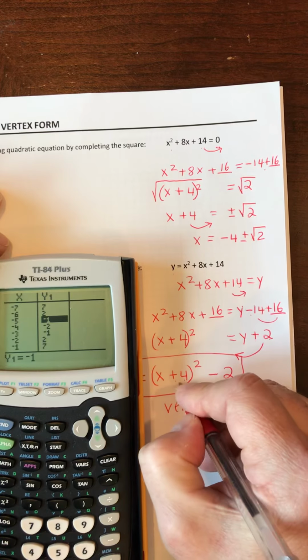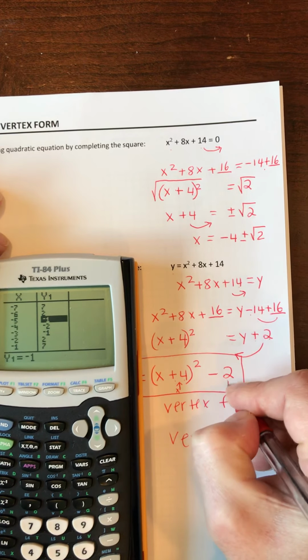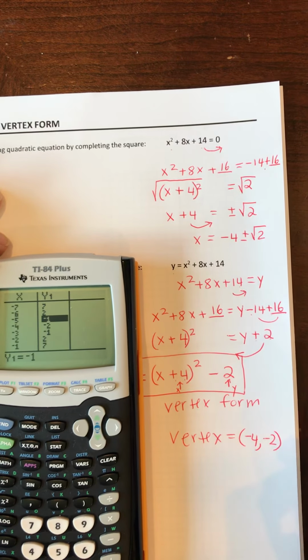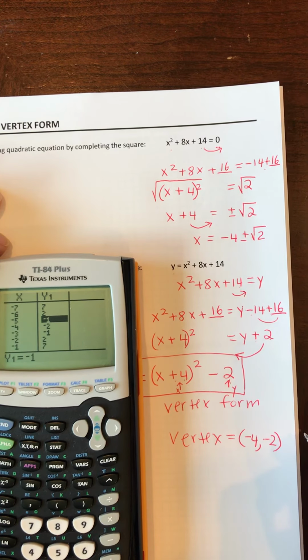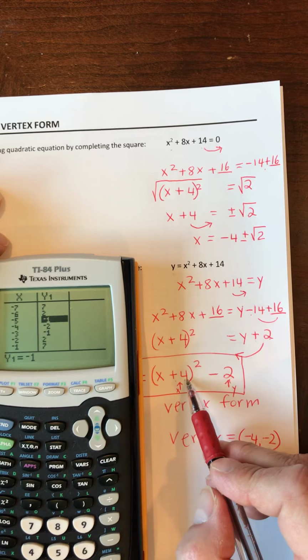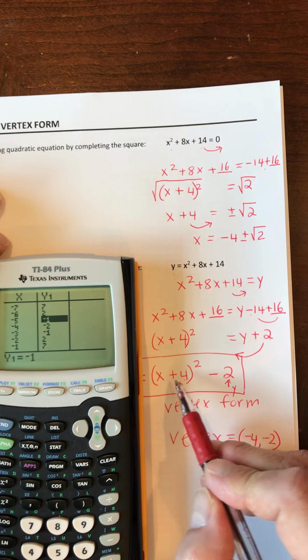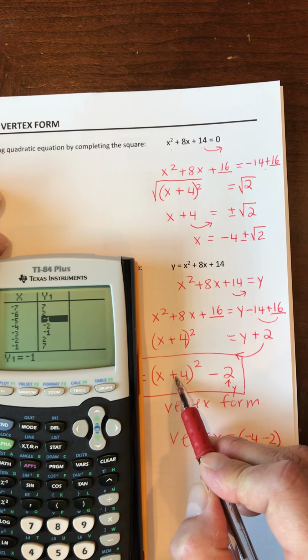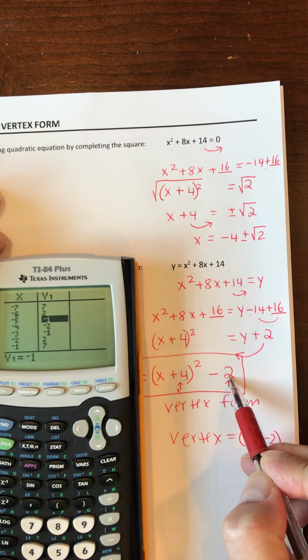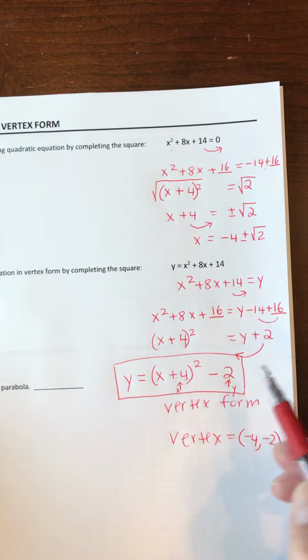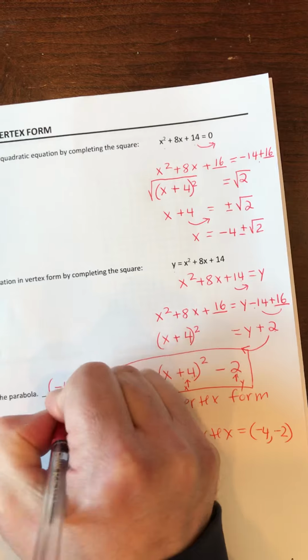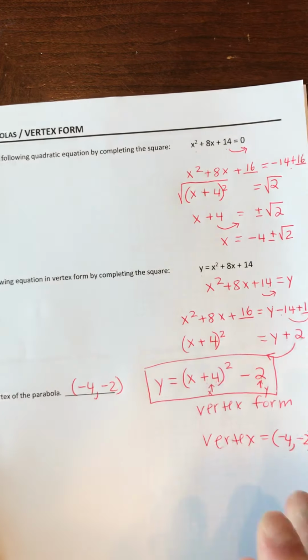So this represents the x in the vertex, and this represents the y. My vertex is always going to be the opposite of this number for the x, and the same as that number for the y. So our vertex is negative 4, negative 2.